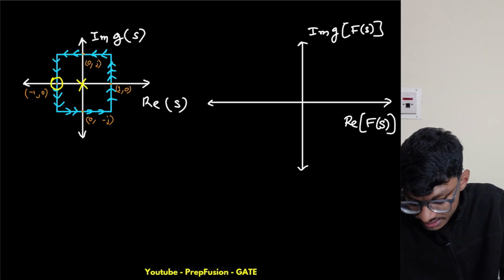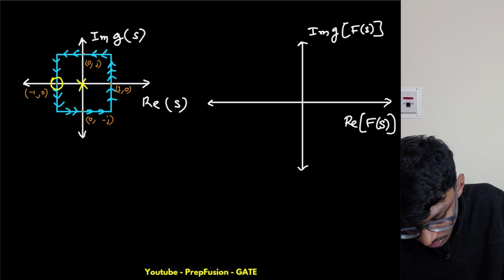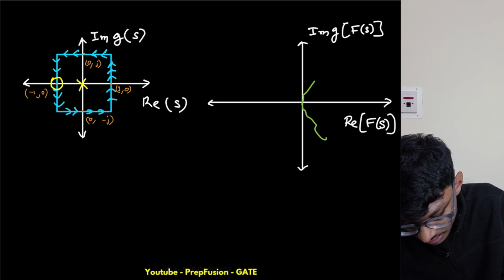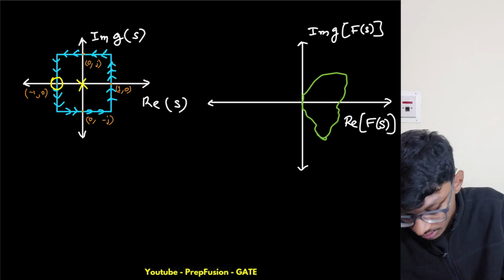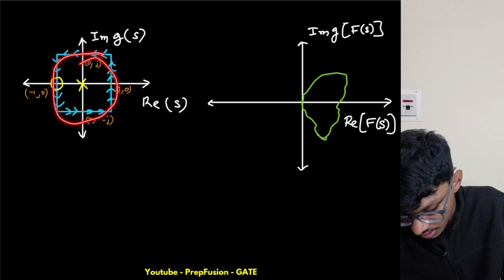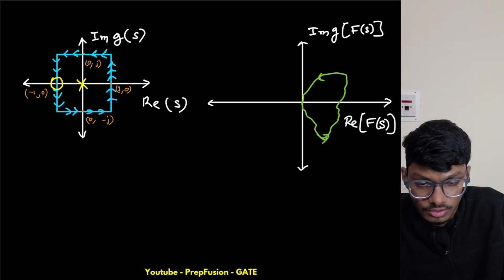From here what I can tell is there will be at least two contours. One will touch the origin, and the direction of that contour will be anti-clockwise, the same as the previous contour itself. The direction of the mapped contour will be the same.